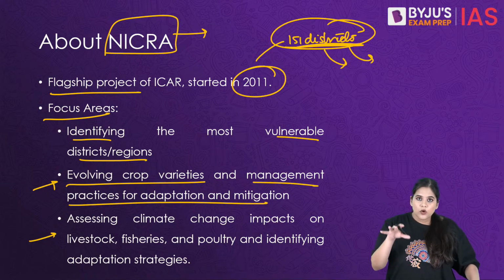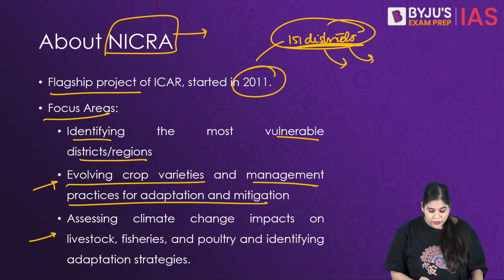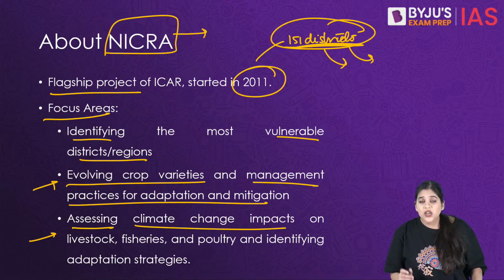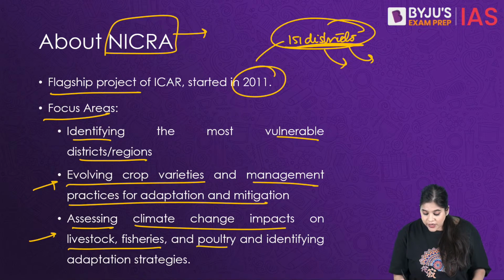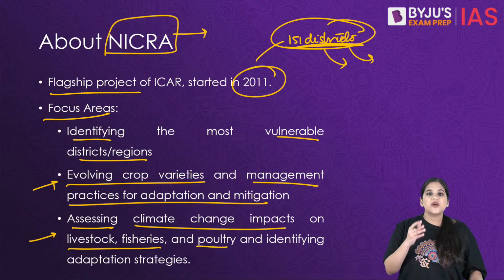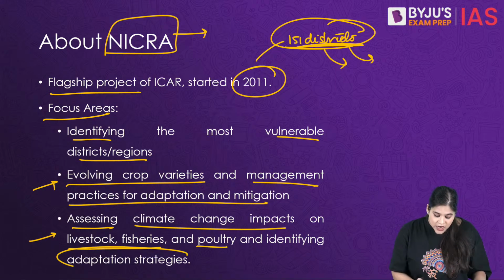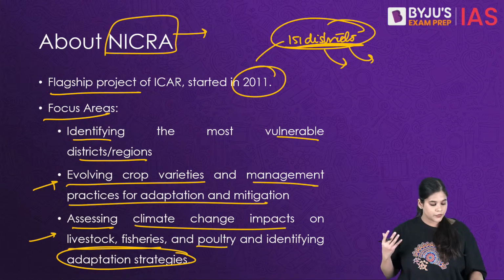Then apart from crop culture, it will also assess other types of agriculture. It is assessing climate change impact on livestock, fisheries, poultry, and it is also identifying the various means through which there can be adaptation to this changing reality.